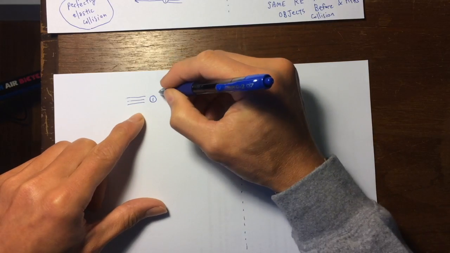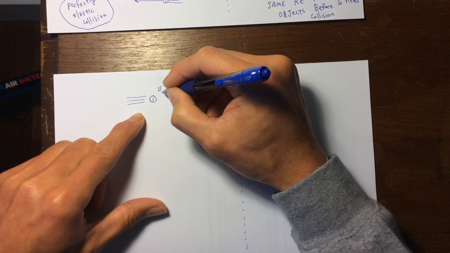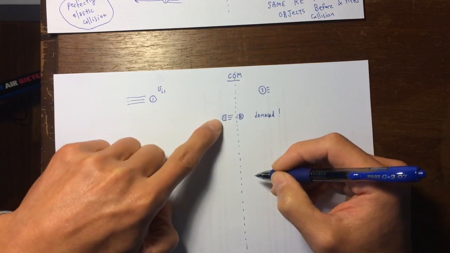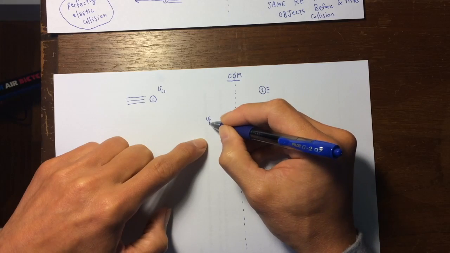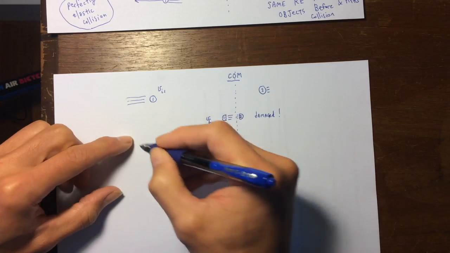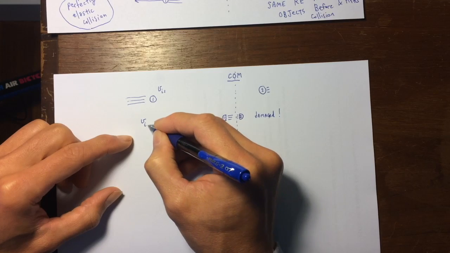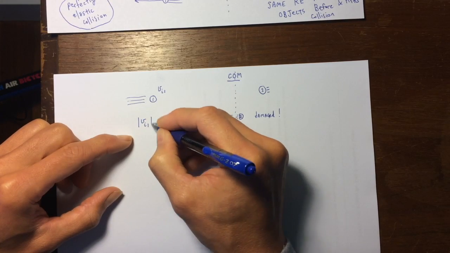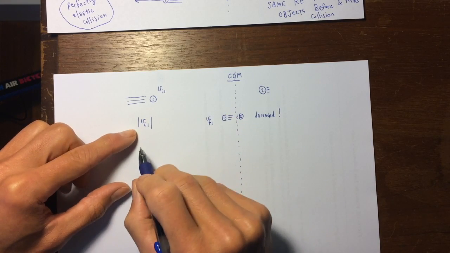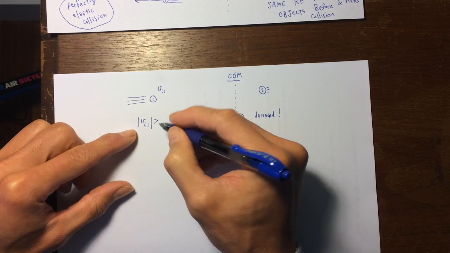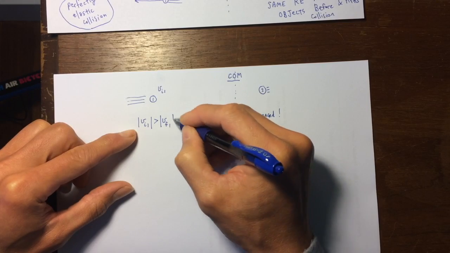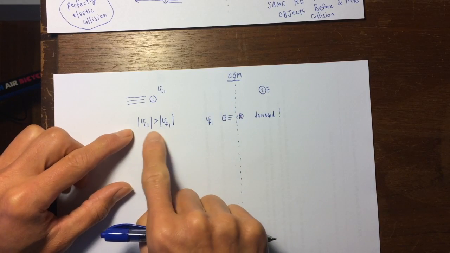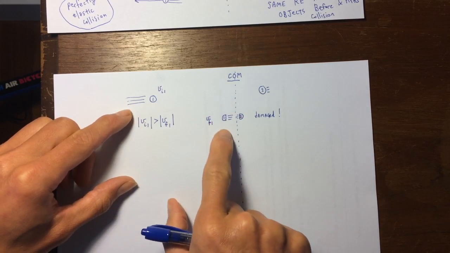So we may say that if this was V initial for number 1, and this is V final for number 1, V initial for number 1 has a magnitude, so we're just talking about the speed, that's bigger than V final for number 1. So we'd say that what has happened is there's been speed loss.